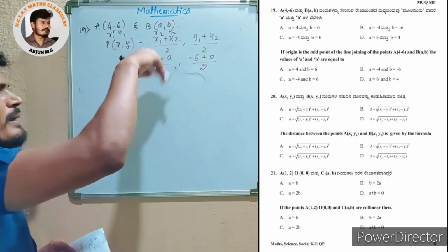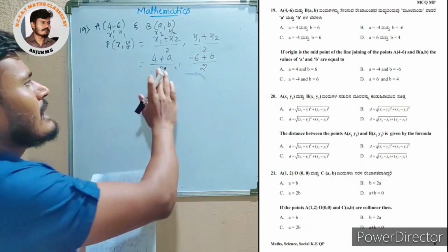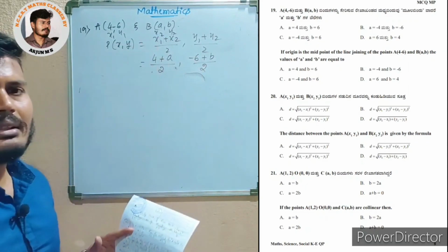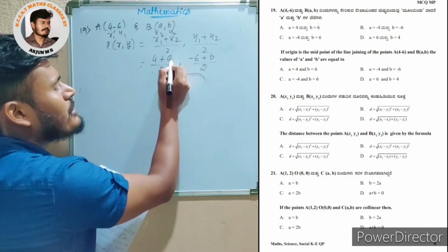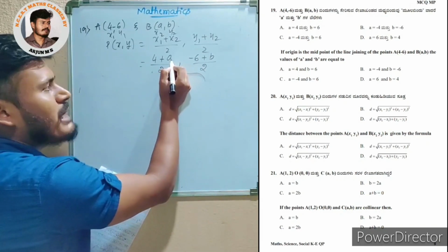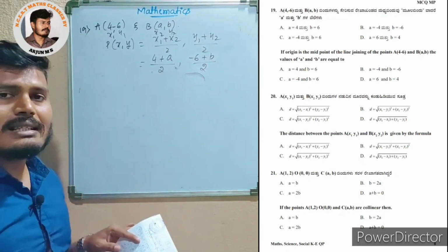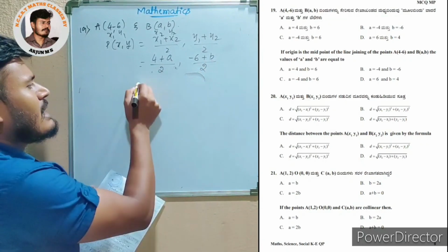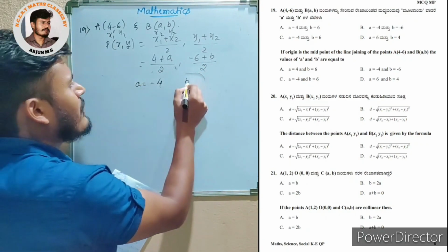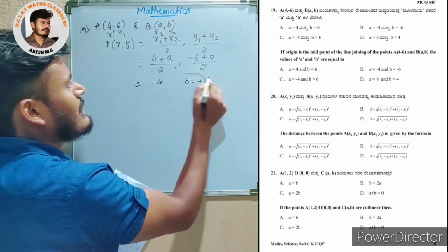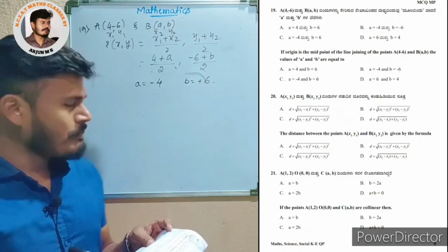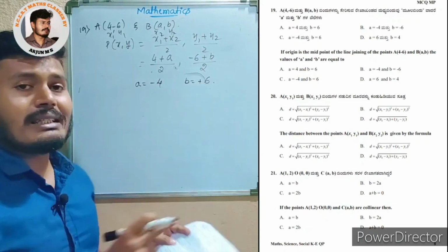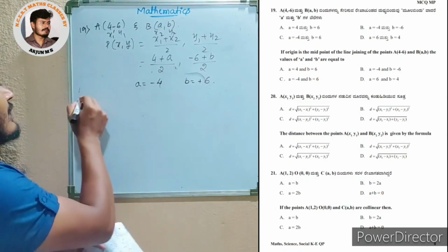So we have to consider both the values equated to 0, right? So that's why we should substitute a as minus 4 and b as plus 6. So the answers are a is equal to minus 4 and b is equal to plus 6. So that is the answer. Here option C, a is equal to minus 4 and b is equal to plus 6, is the right answer for this question.